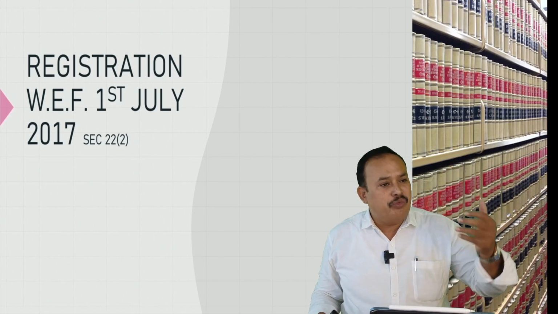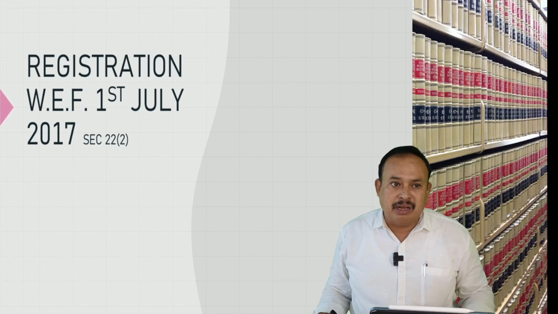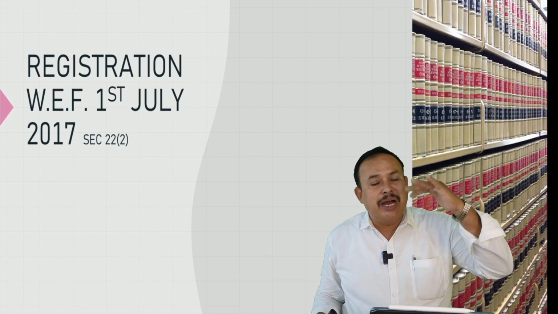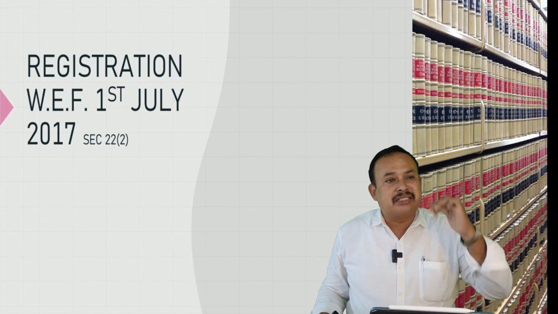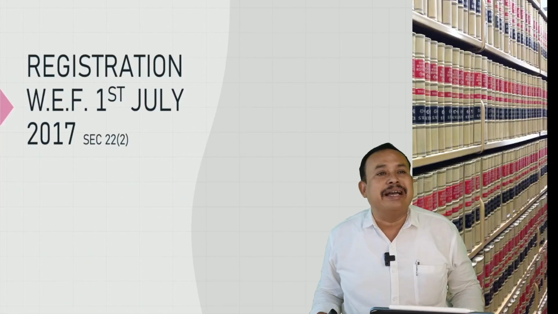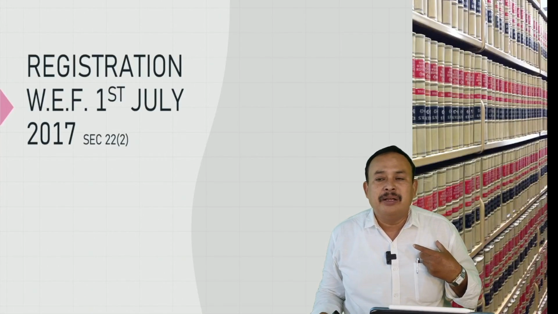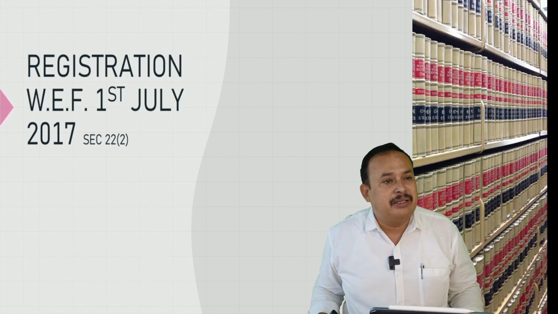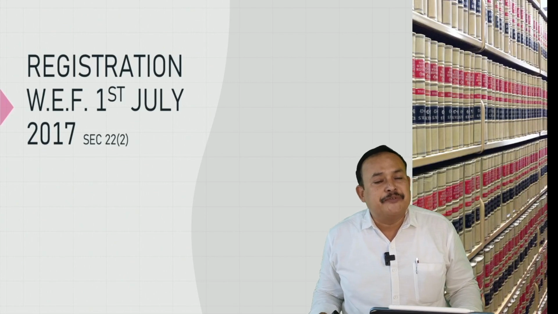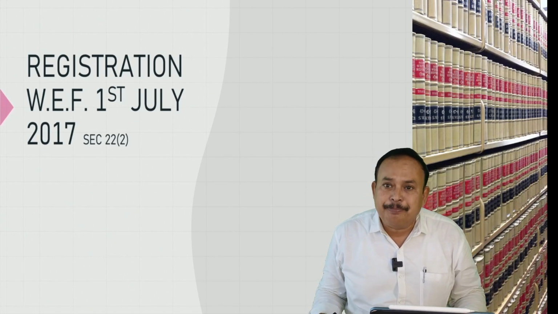Prior to that, we had the central excise law, service tax law, value added tax, central sales tax. In the old regime of indirect taxes, we already had registered persons. Say my name is MRF Limited, manufacturing tyre tubes. If so, I already got registered under the Central Excise Law.